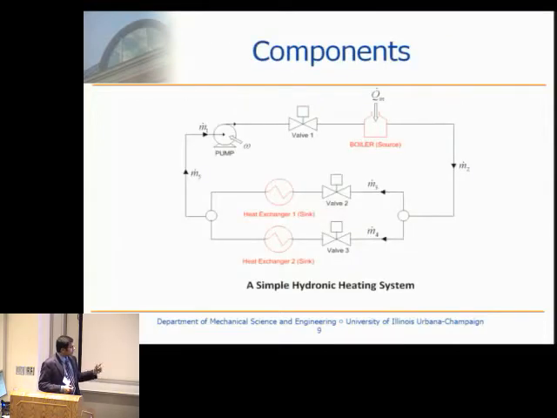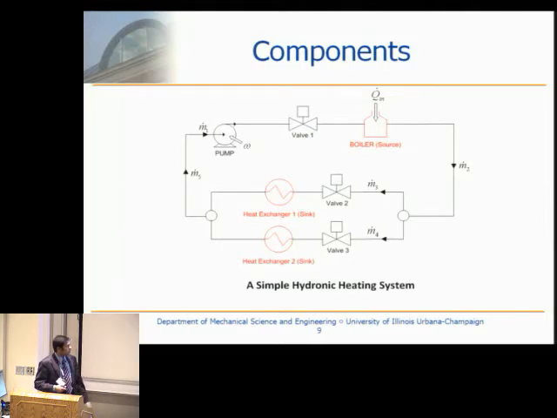But before that, I would like to explain a little bit more about these systems from a physical point of view. If we talk about these systems, the components can be categorized as either thermal components or hydraulic components. The hydraulic components are typically the pumps, the valves, the flow junctions, and they are associated with the circulation of flow in the system in the various sections, and also the control of that flow, depending on the loads, the heating or cooling loads that are required in that section, in a particular room, for example.